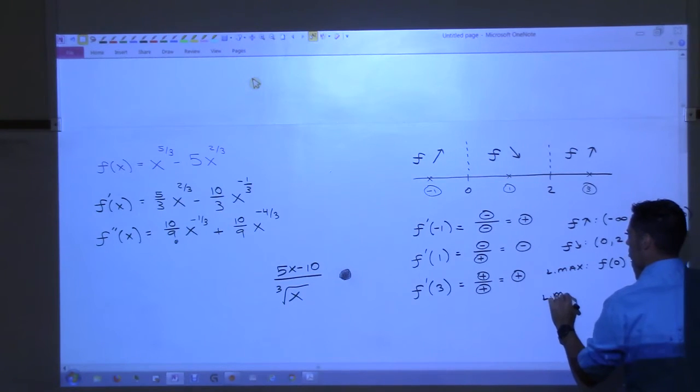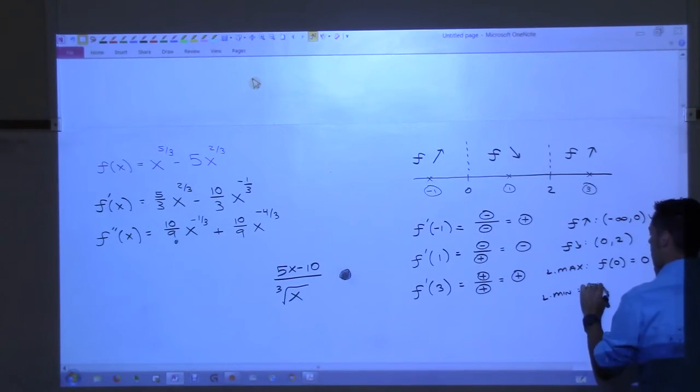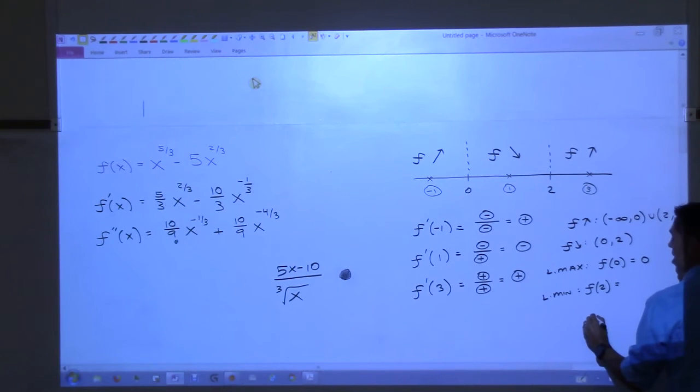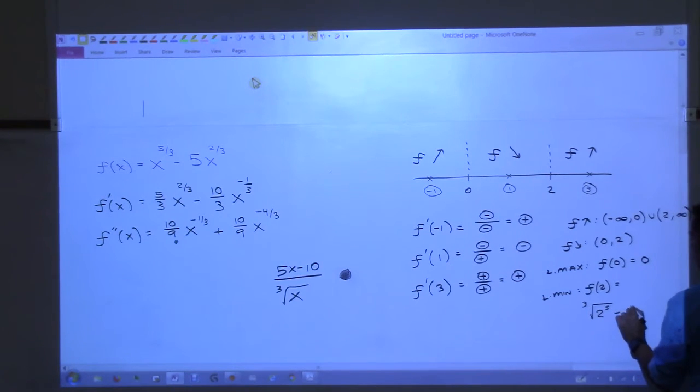And then we have a local minimum, because it goes down then up, right? Local minimum at f of 2, which would be, f of 2 is the, isn't that the cube root of 2 to the 5th minus 5 times the cube root of 2 cubed?